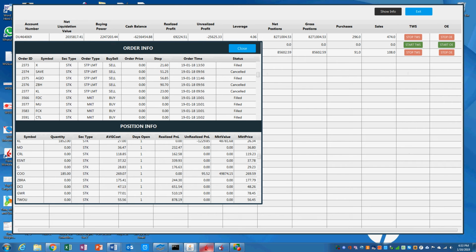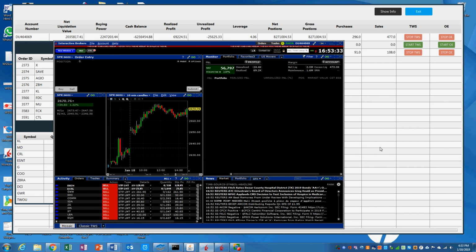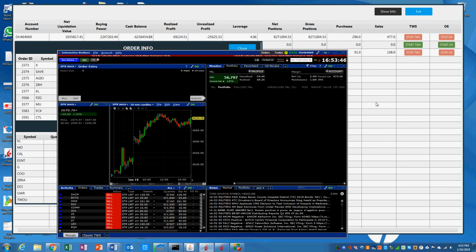I'm trying to open the Interactive Brokers TWS platform. It is extremely slow because of so many applications open at this point in time. So this is the Interactive Brokers TWS platform. Those who are using TWS would know what it is. And here it'll pop up in a while with all the information.